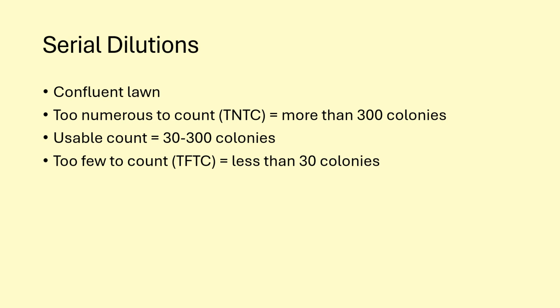You can't relate that accurately back to the original sample. The usable count, as we said previously, will be between 30 and 300. Now, if there's fewer than 30 colonies on the plate, you're going to ignore that in your calculations as well. You would record it as TFTC, which is too few to count.